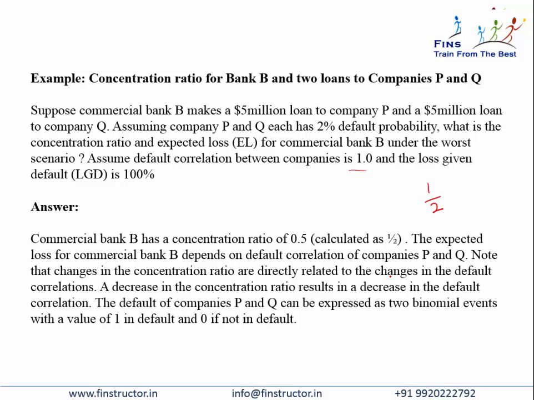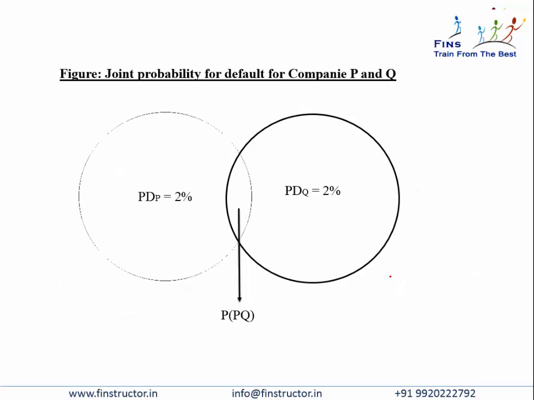So it's given a $10 million loan but to two counterparties. So expected loss depends on the default correlations. So changes in the concentration ratio are directly related to the changes in the default correlation.